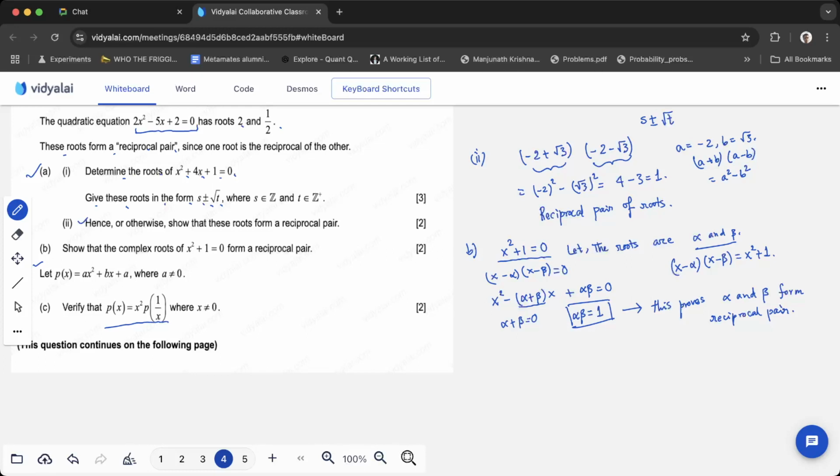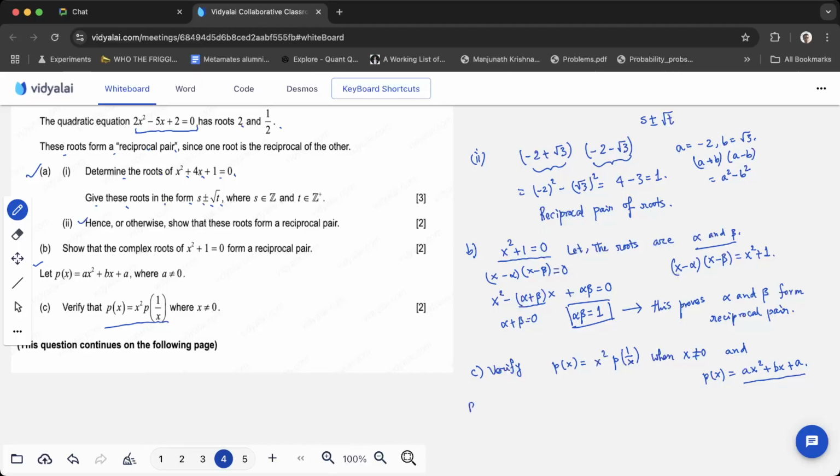Okay, so we have to verify that p of x is the same as x squared times p of 1 over x when x is not equal to 0, and p of x equals ax squared plus bx plus a. So p of x equals this, already given.